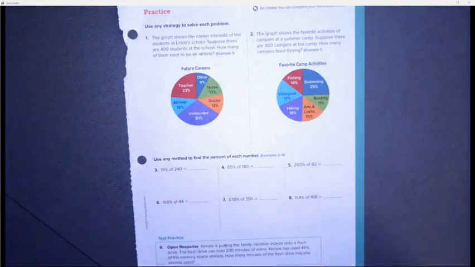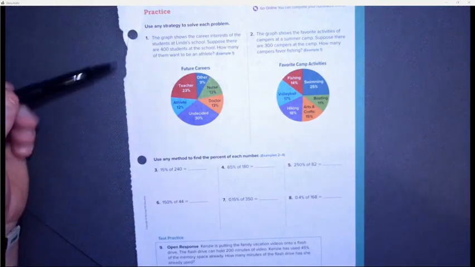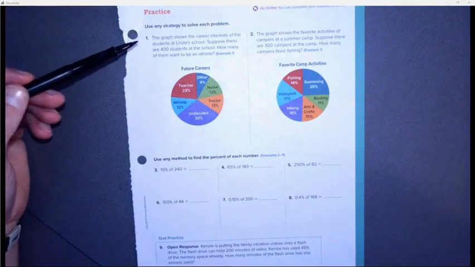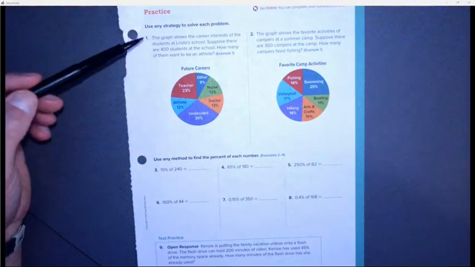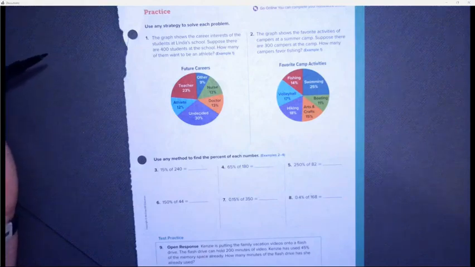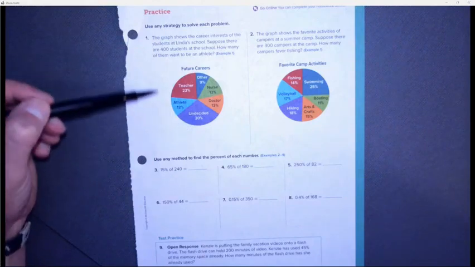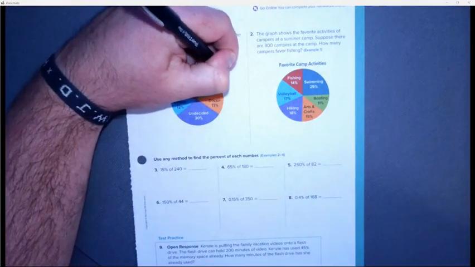Now let's look at our practice page on page 119. We're going to use any strategy to solve each problem. Number 1 says the graph shows the career interest of the students at Linda's school. Suppose there are 400 students at the school. How many of them want to be an athlete? We know our whole pie here represents 100%.